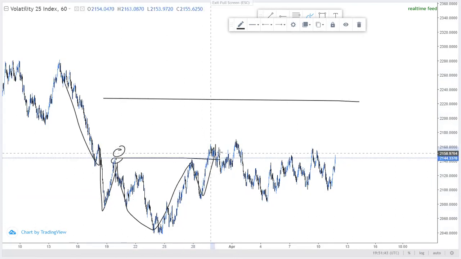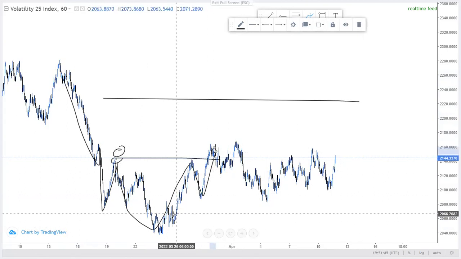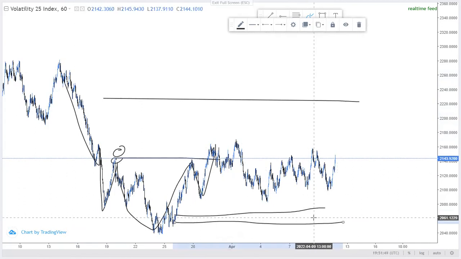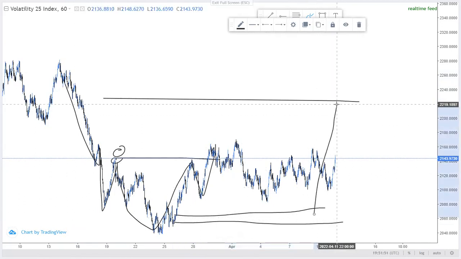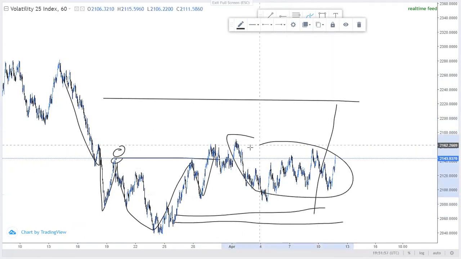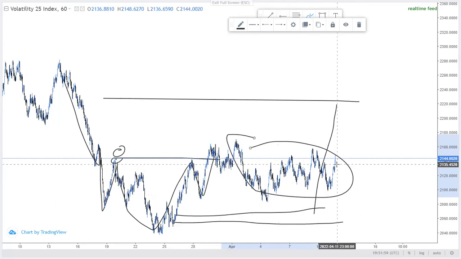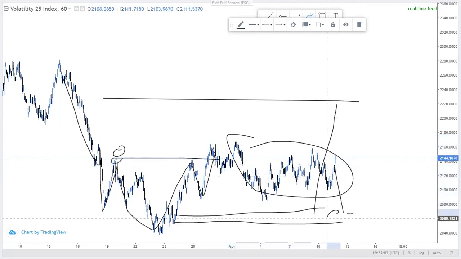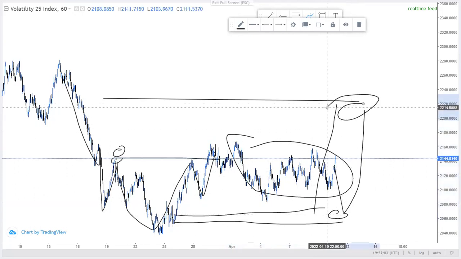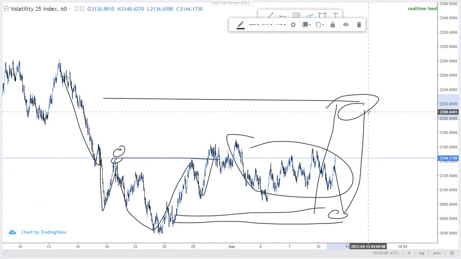So after breaking this, we are expecting price to come to these levels so that it can buy and continue up. Basically, everything that is happening here in our mind, it's supposed to give us a tap into this level, and then we can continue up. We'll see what happens up here when we get here. But obviously, we do anticipate price to come to this level.